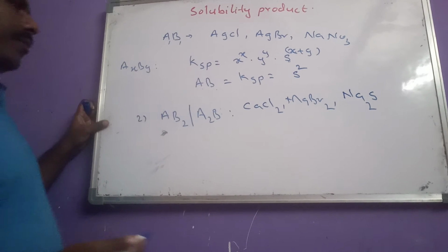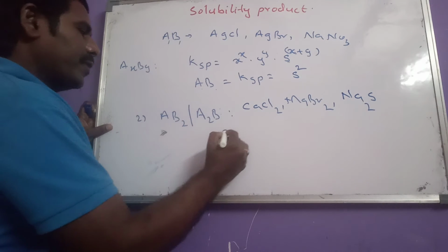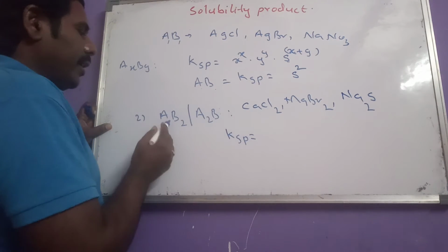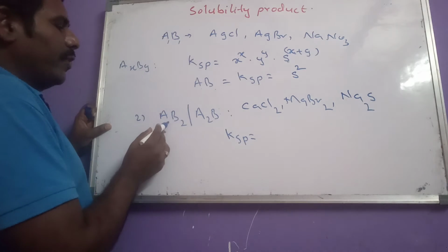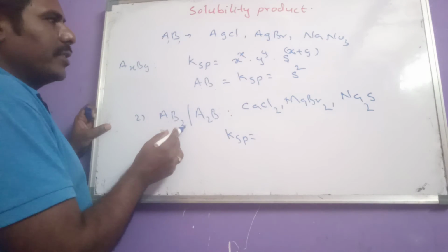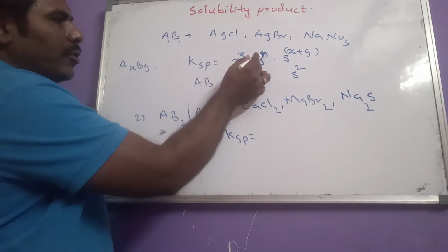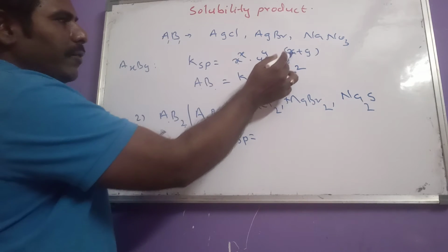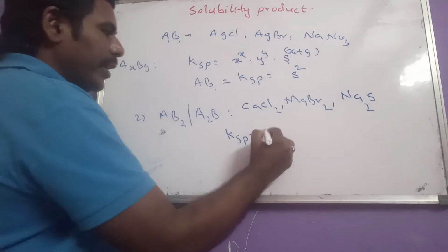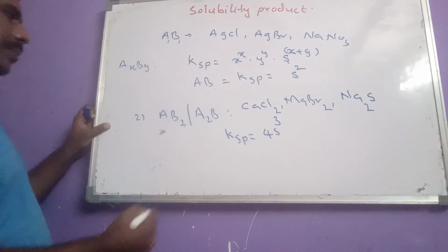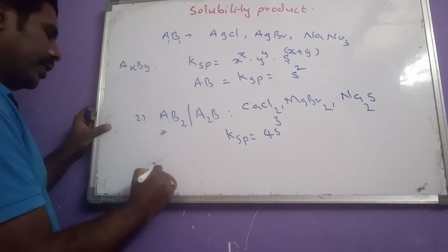For these salts, KSP equals, with x as 1 and y as 2, 1 power 1 into 2 power 2 into s power 1 plus 2. So we get 4s cube.